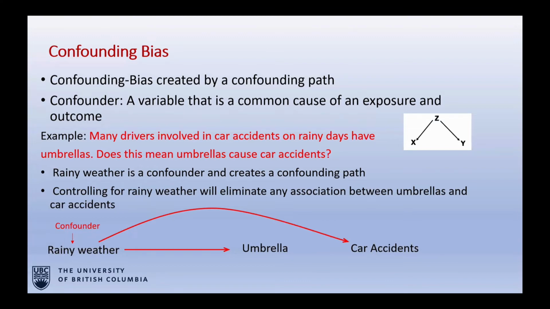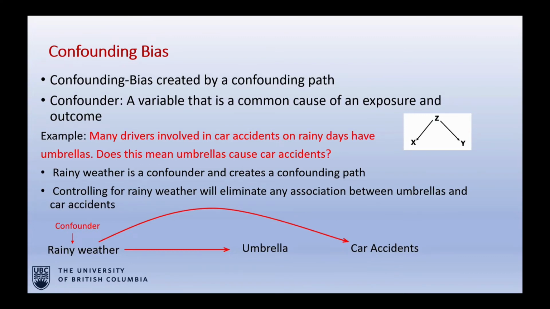And a confounder is a variable that is a common cause of outcome and exposure, or also a variable that can be on a common cause path. So there are examples where identifying the confounder is not clear cut, but you can identify a path that can cause a confounding effect.